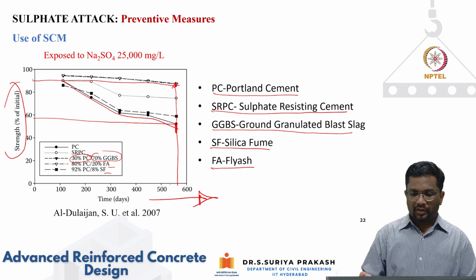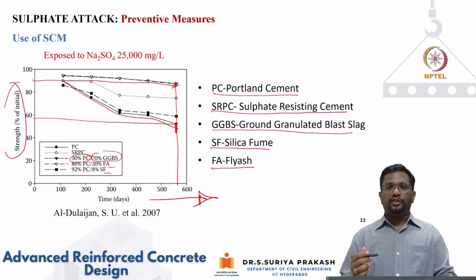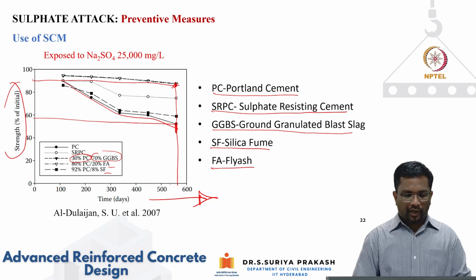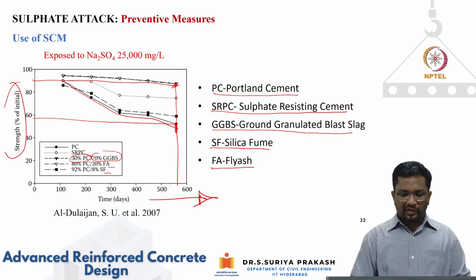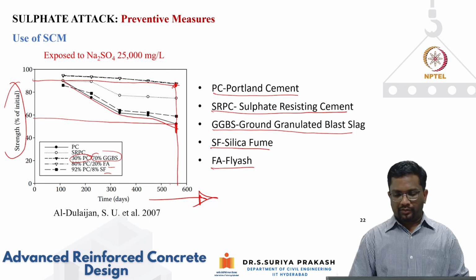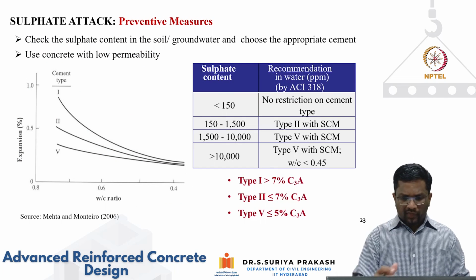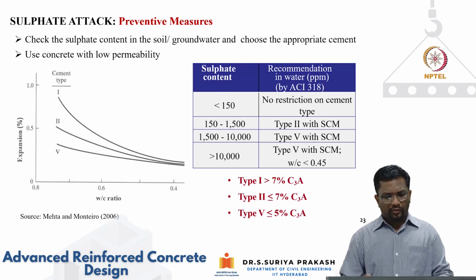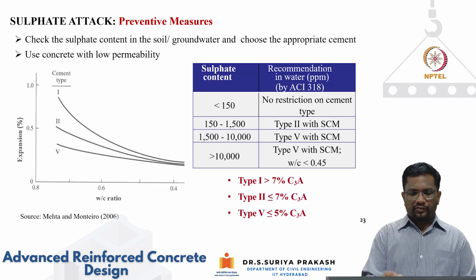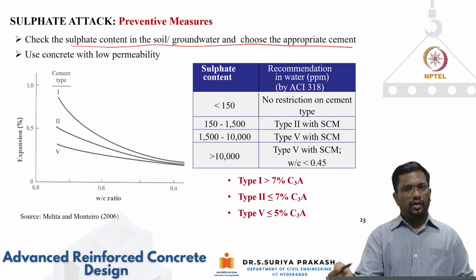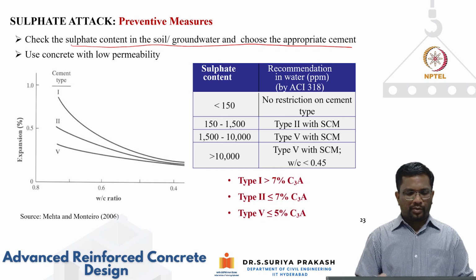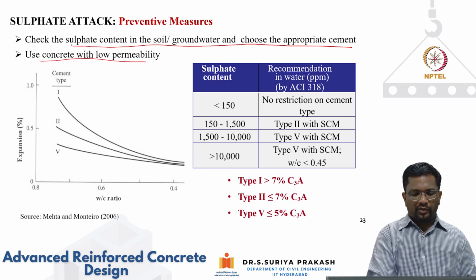So in summary, adding supplementary cementitious materials is really going to help in preventing this strength degradation due to sulfate attack. And what are the other preventive measures? Of course, we have to check the sulfate content in the soil or groundwater where you are constructing, choose appropriate cement, and use concrete with low permeability.